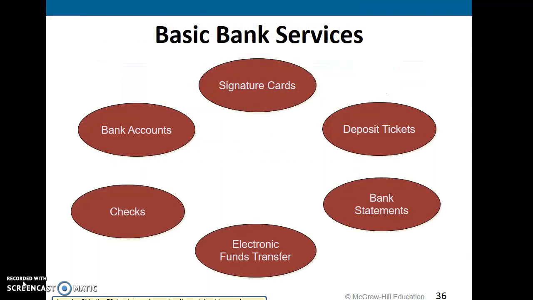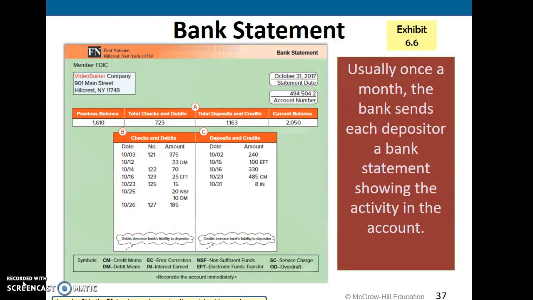Basic bank services: they have signature cards, deposit tickets, bank statements, electronic funds transfers, checks, and bank accounts. Here's a bank statement. It has a company's name, address, the date of the statement, the account number, and all of the checks and debits and the deposits and credits that went on with that particular account.